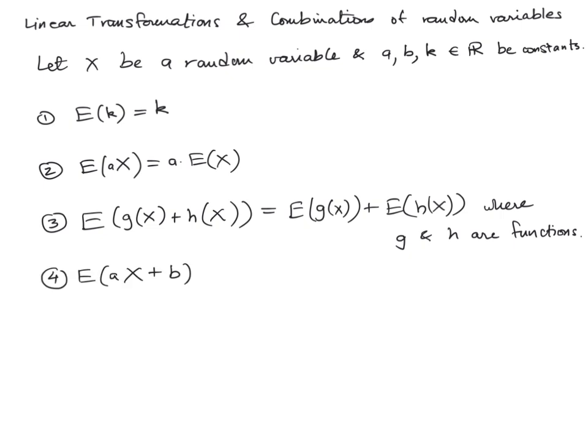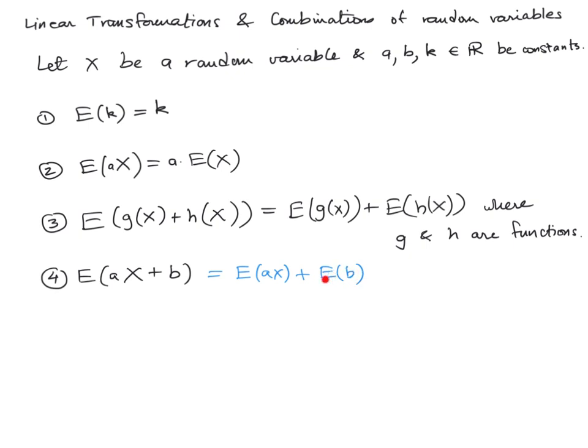So now let's look at the expected value of ax plus b. Well, I've got the expected value of ax, and then I've got the expected value of b. But remember that a and b were constants. So this is a coefficient. I'm multiplying my random variable by some number every time. So I can pull that coefficient out, and I can get a times the expected value of x.